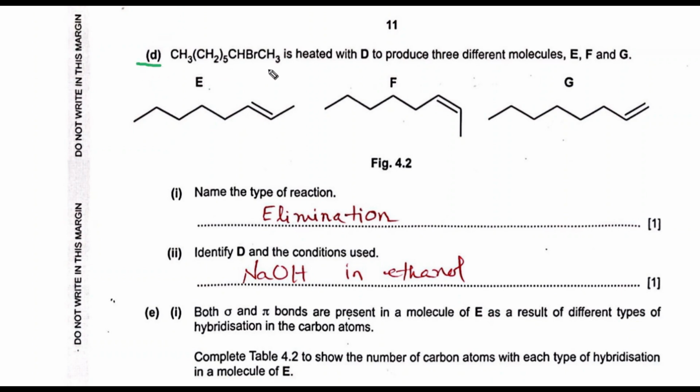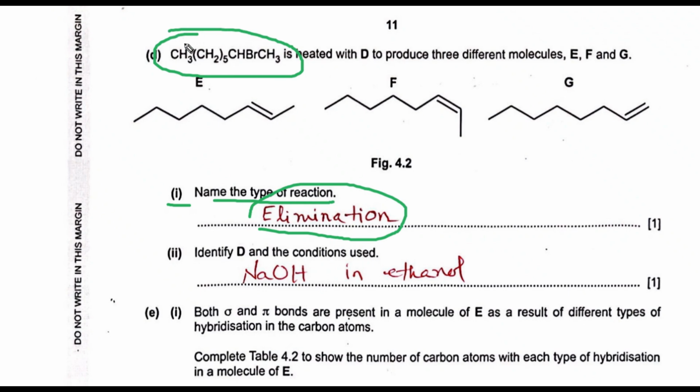Number D, this haloalkane is heated with D to produce three different molecules E, F, G. So this haloalkane forms alkenes E, F, G, all are alkenes. So an elimination reaction occurs. Number one, name the type of reaction. This reaction type is elimination reaction.